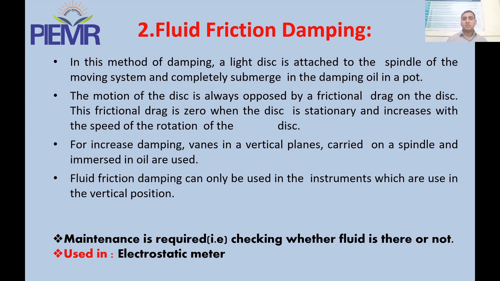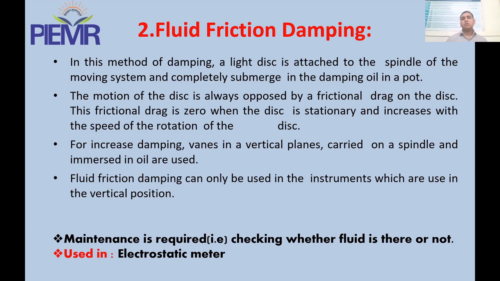The motion of the disc produces a frictional drag on the disc, and when the drag is zero, the disc is stationary. Immersed in oil, the fluid friction damping increases and reduces the oscillation in the system.